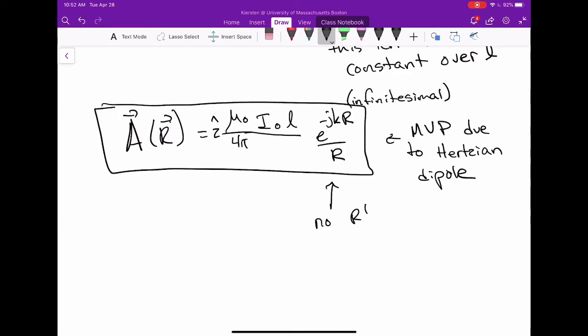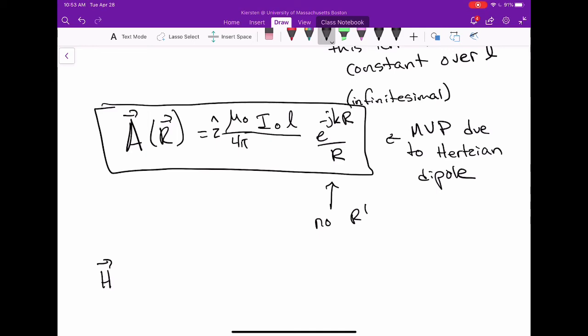Now that we have the magnetic vector potential, we can find the magnetic and electric fields due to this dipole. I'm going to write down the equations for finding them, but I'm not going to write them all the way out because those are in the handout and I don't want you to have to listen to me do it.